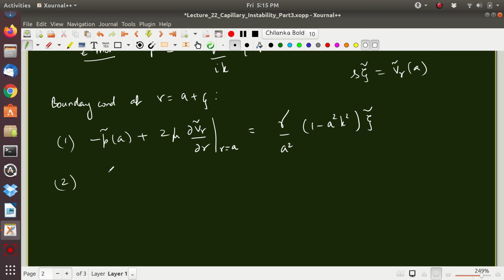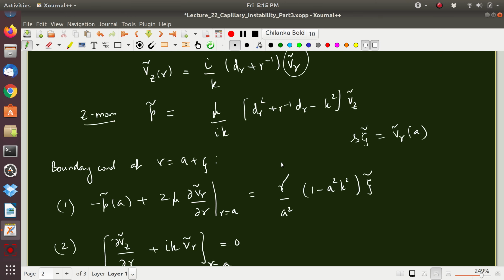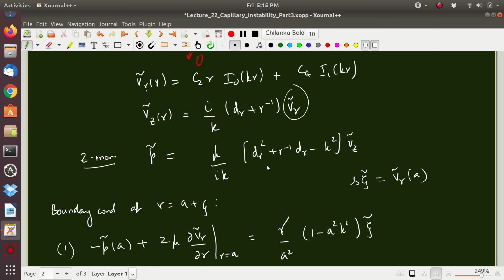The shear stress vanishes at the liquid gas interface. So this is again at r equal to a. You have actually three constants, C1, C2 and zeta, but then zeta can be written in terms of Vr using the kinematic condition.